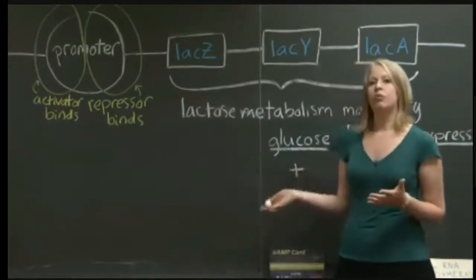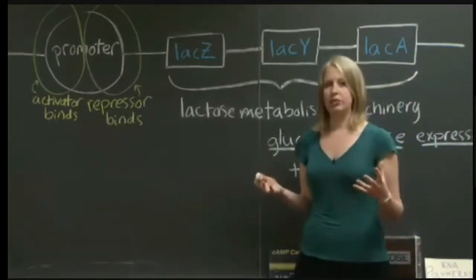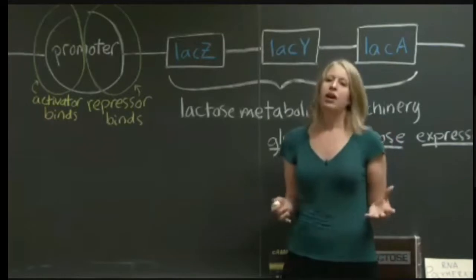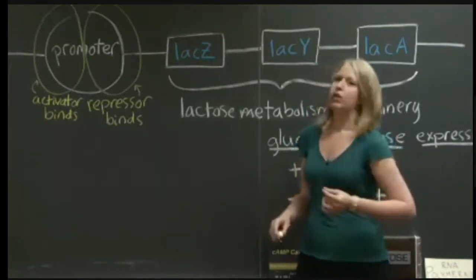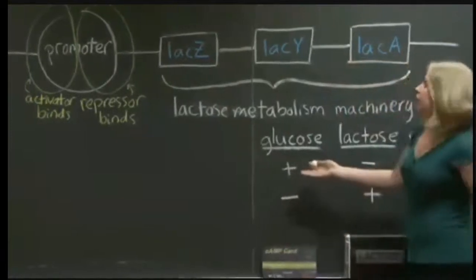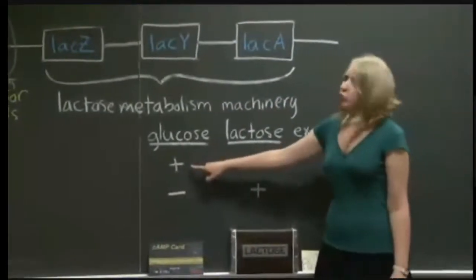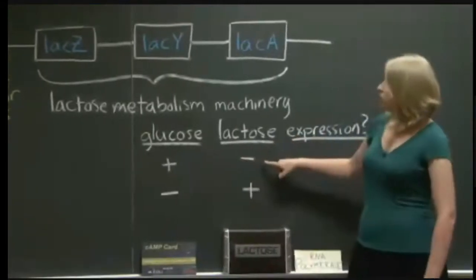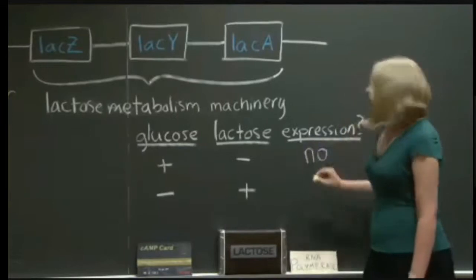But when we remove glucose and add lactose, the E. coli absolutely needs to be able to metabolize this lactose. Otherwise, it's not going to be able to grow with the available energy source. Thus, we have a couple of different situations. When we have glucose present, but not lactose, we do not want to express the lac operon.